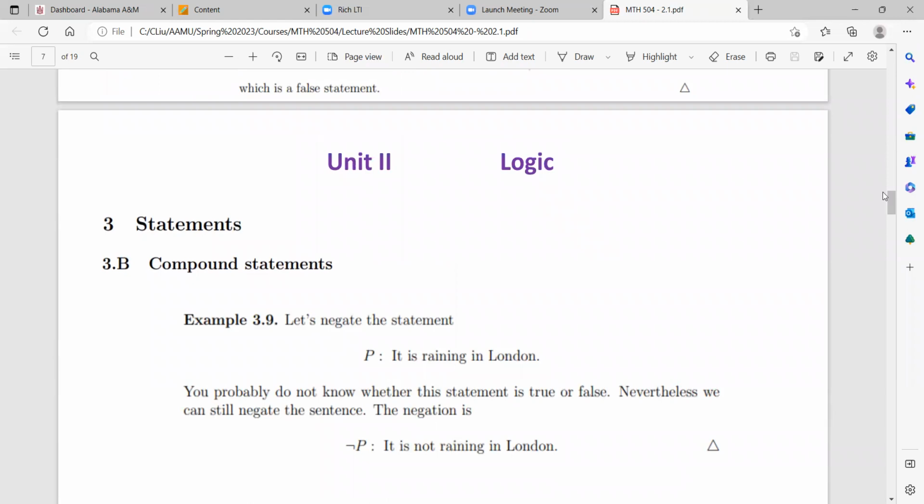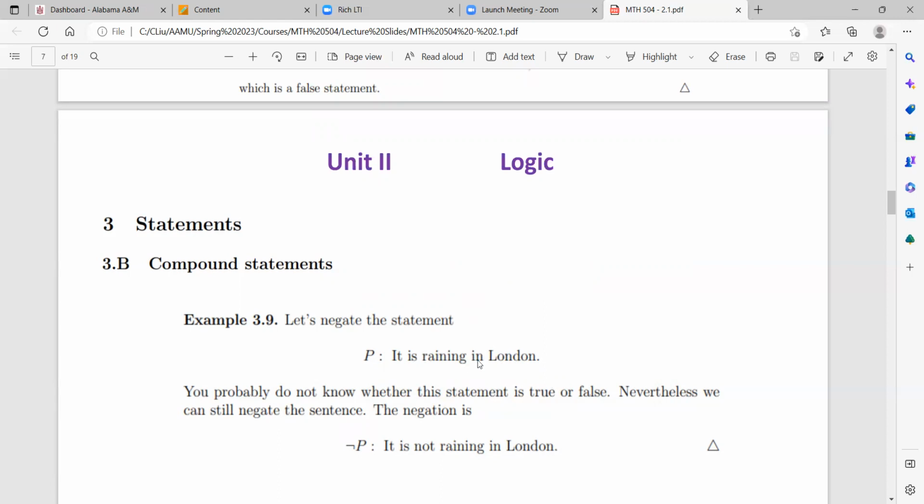Pretty straight. All right. Sometimes, even if you don't know the truth value of a statement, you can still make a negation of a statement. So let's negate the statement P, which is it is raining in London. We don't know whether it's raining in London or not, but it has to be true or false.